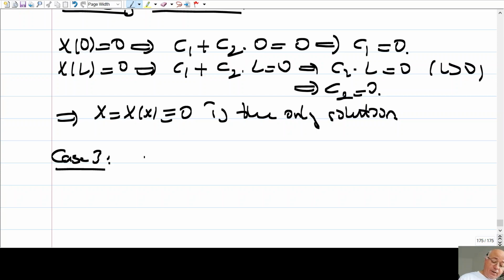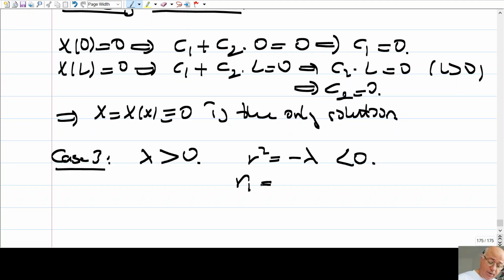The third case is that lambda is positive. So we have r squared is minus lambda, which is this time negative. So r is plus or minus the square root of lambda times i. Okay, so minus 1 goes out as i from the square root.